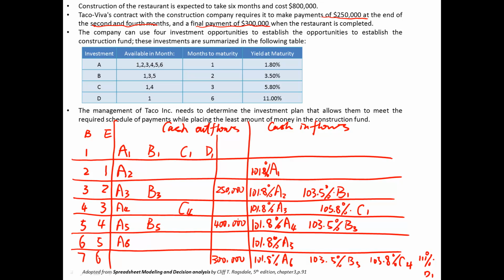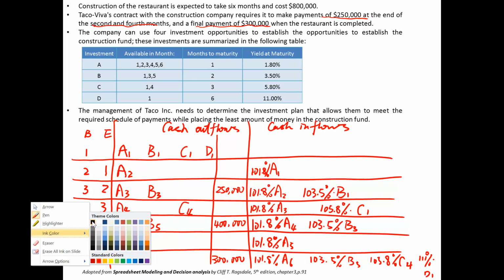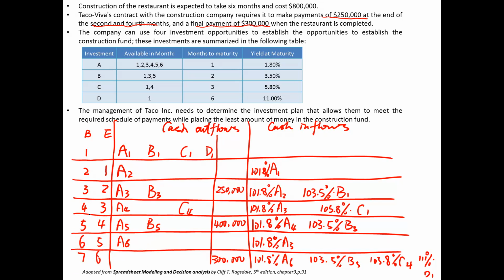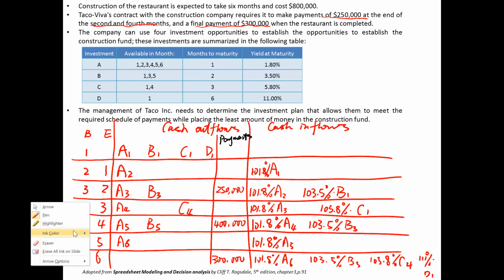Okay. So these are payments that we have to make.